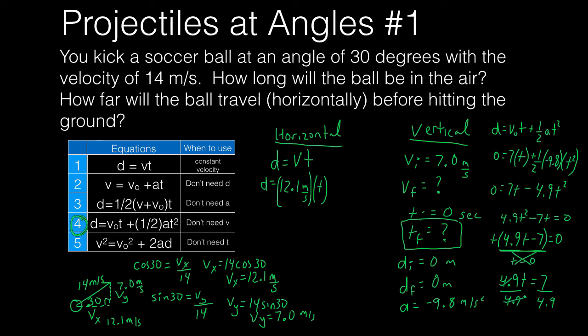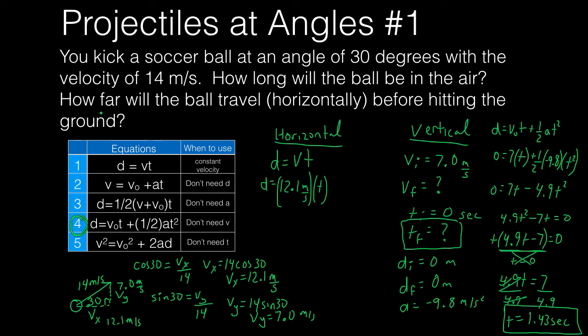On this side, the 4.9 will cancel out, and so t is equal to 7 divided by 4.9. It's coming out that t is equal to 1.43 seconds. That's the answer to the first question: how long will the ball be in the air? It will be in the air for 1.43 seconds.